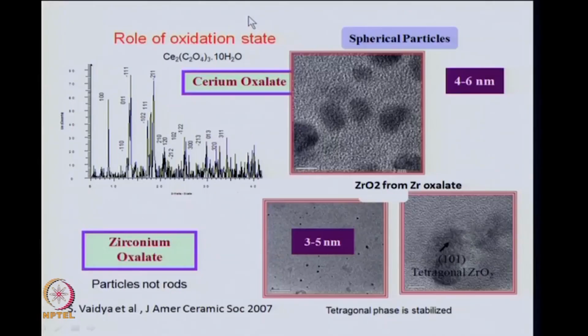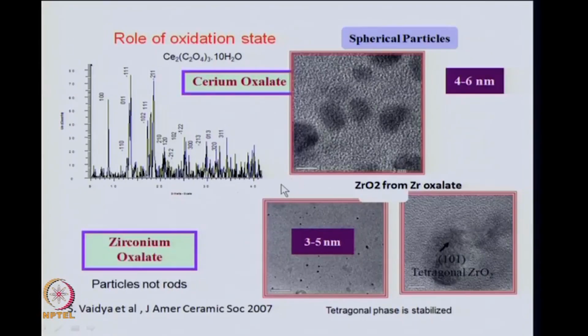However, if you choose the same system like CTAB based cationic surfactant and study the synthesis of cerium oxalate or zirconium oxalate, we get particles and not rods, although we are using CTAB as a surfactant. So, it suggests that the oxidation state is important, because cerium here is not divalent, it is trivalent, and zirconium here is tetravalent and not divalent.